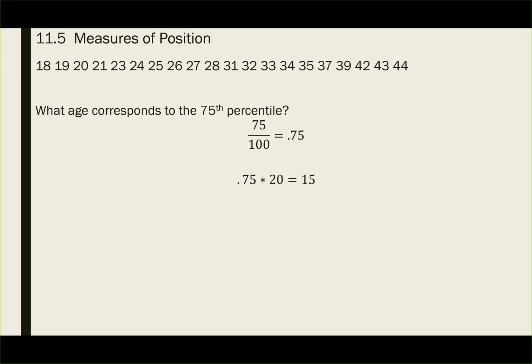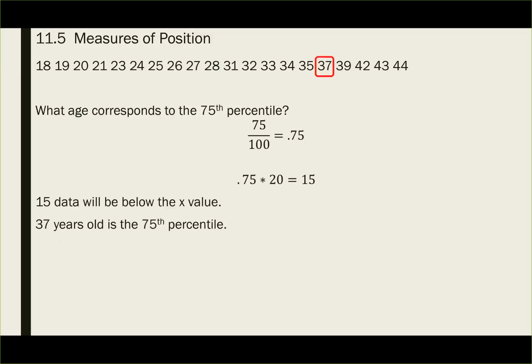So 0.75 multiplied by 20, you will see is 15. So what is 15? Meaning there are 15 individual data below my X. So my X has to be at the 16th position, right? If we're looking for a position, it's going to be at the 16th position, because 15 data will be below the X value.